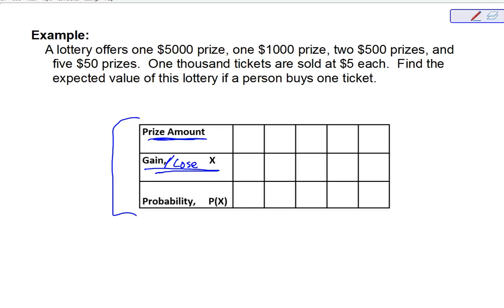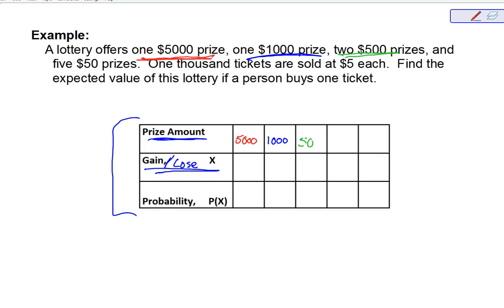So let's set up this probability distribution. When we look at this, a lottery offers one $5,000 prize. So we have a prize amount of $5,000. We have one $1,000 prize. So we have a prize amount of $1,000. We have two $500 prizes.